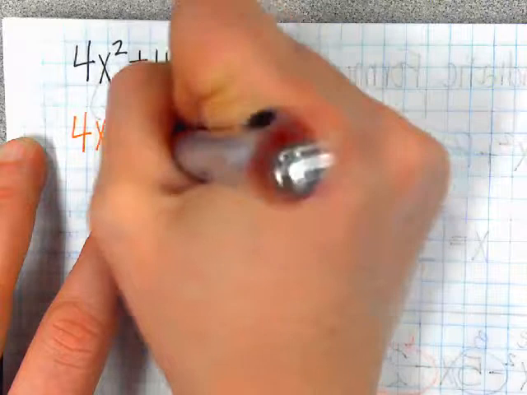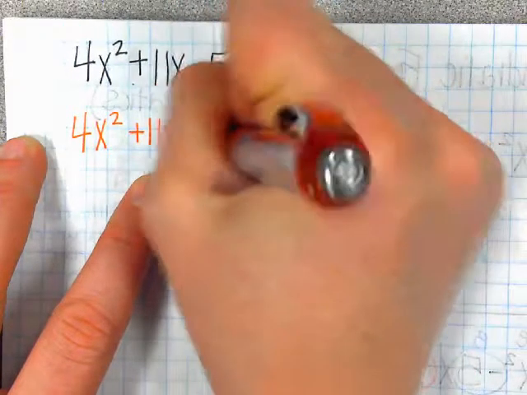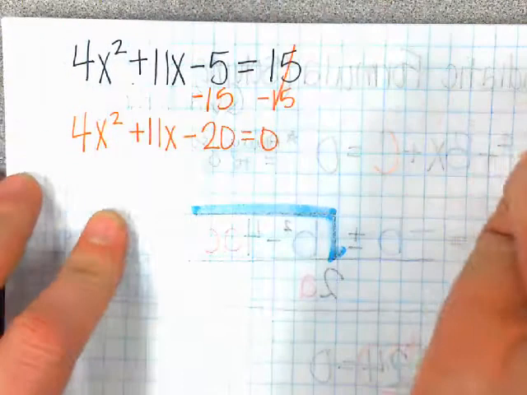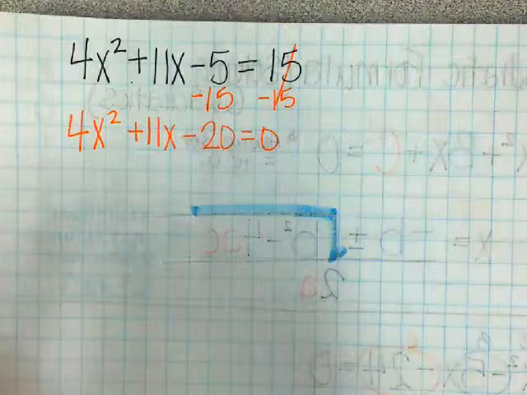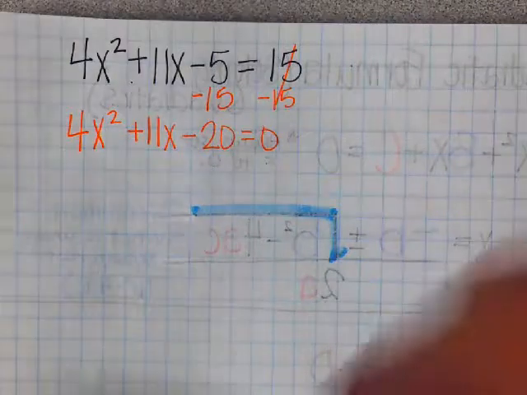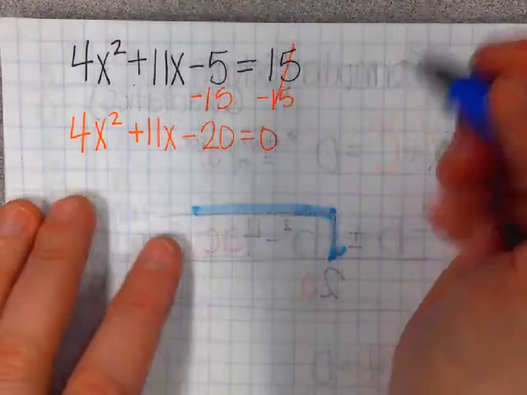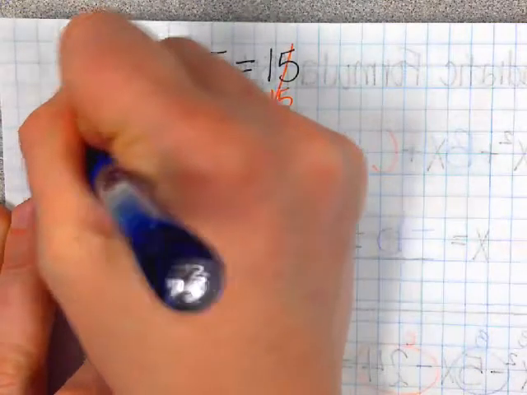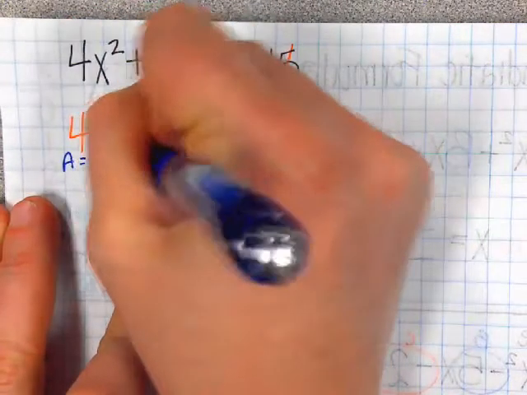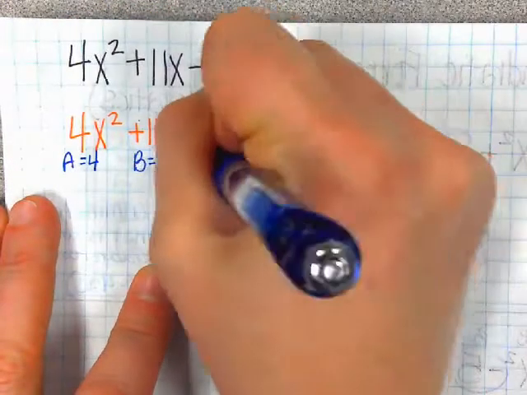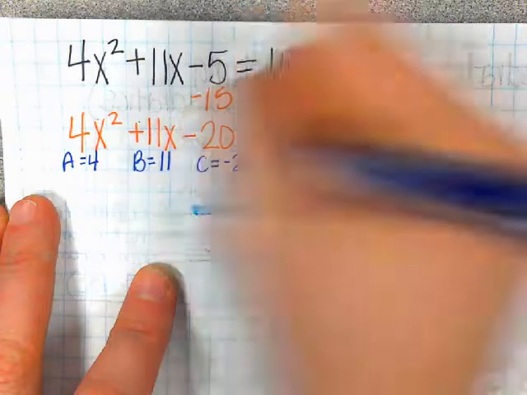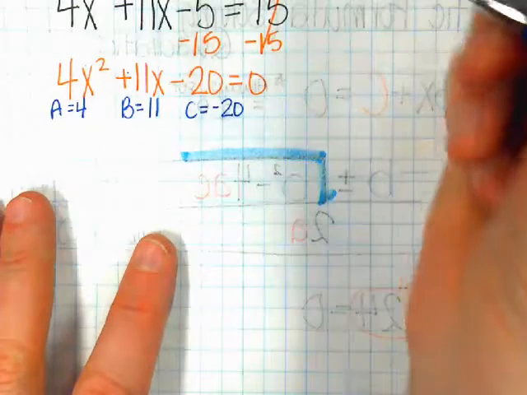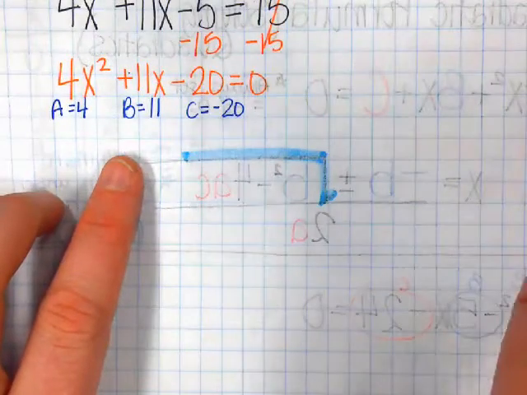So it would be 4x squared plus 11x minus 20 equals 0. Okay. Now we need to write out our a, b, and c. So our a is 4, our b is 11, and our c is negative 20.